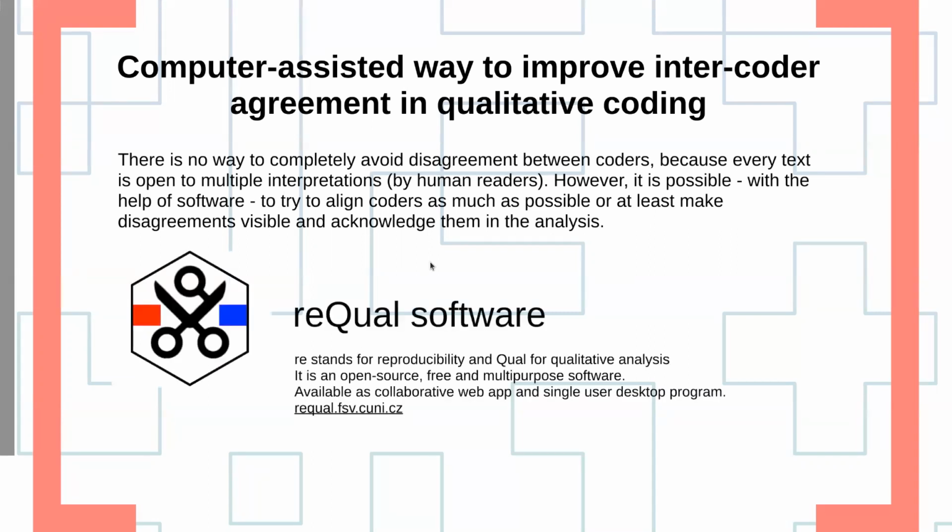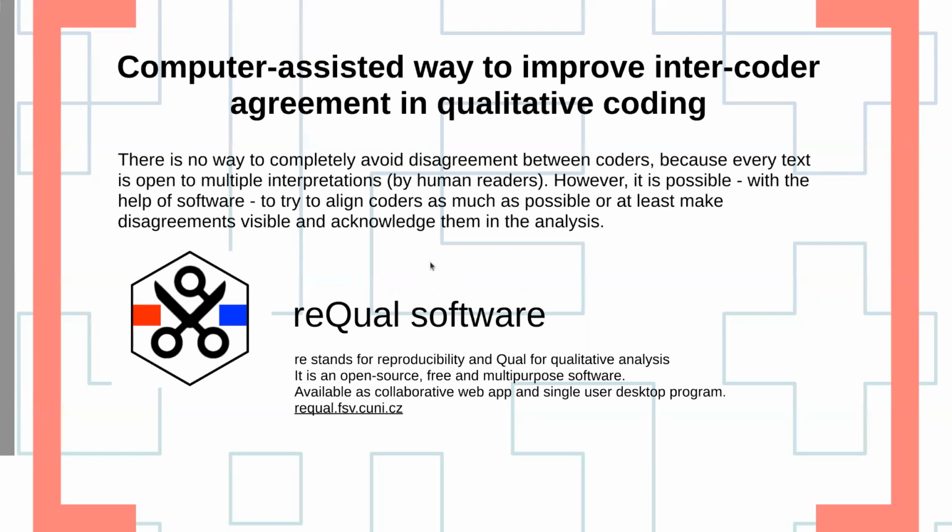And this is the software that we are developing for this purpose, to help researchers in qualitative coding to make their coding more reproducible. It means that if two researchers are doing the same type of coding, they will arrive at similar results. And by results, I mean, generally, they can say that this is very difficult to code.